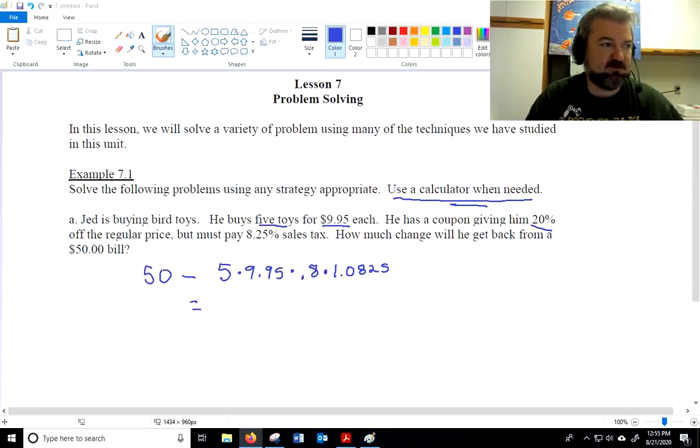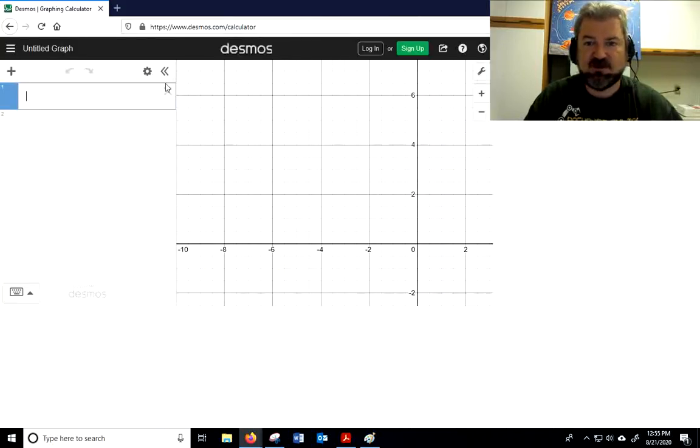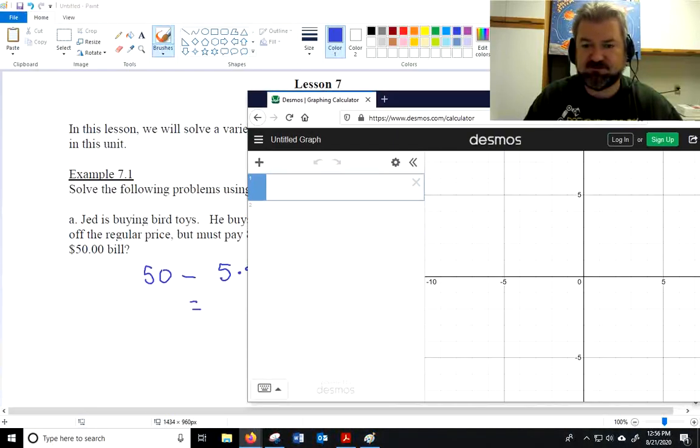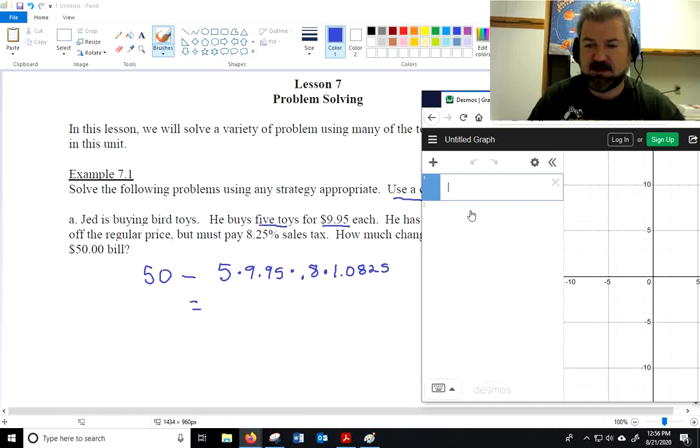So I'm going to go to Desmos here. And they have a scientific calculator. Let me just drag this over. They have a scientific calculator that you can use, but the graphing calculator works just as well. So let's just position it in a way that we can see both here. And I'm going to do 50 minus 5 times 9.95 times 0.8 times 1.0825.